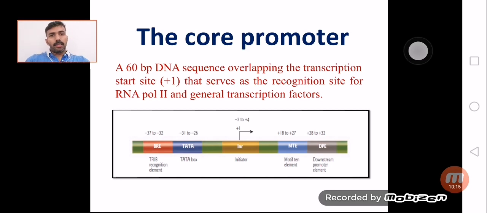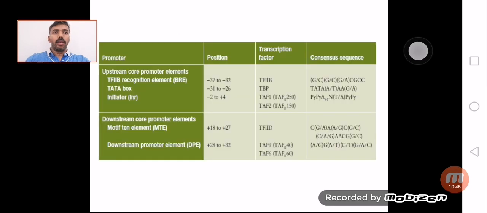That means certain sequences which are commonly found in all different organisms and for different sets of genes. And such a sequence is what we call a core promoter. Usually the length of this sequence is around 60 to 80 base pairs in different organisms. And the importance is that this is the site where the RNA polymerase and also the general transcription factors will come and occupy for a successful initiation.